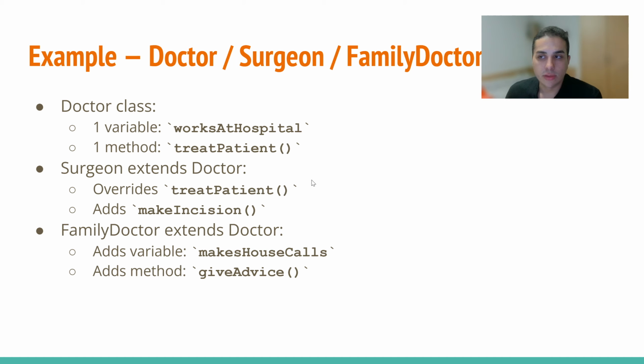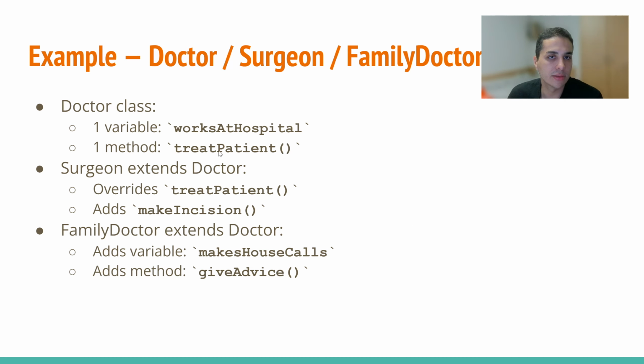And so there are two methods available: the newly created make incision and the overridden treat patient. A family doctor inherits the treat patient method and uses it as is, and adds the give advice method. So it has two methods: the inherited treat patient plus its own give advice.